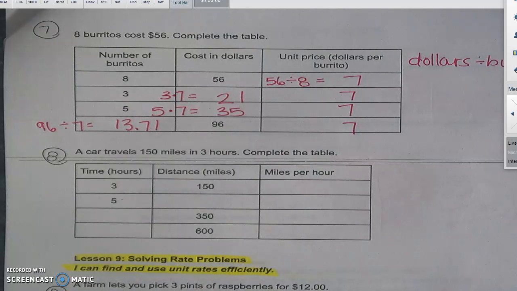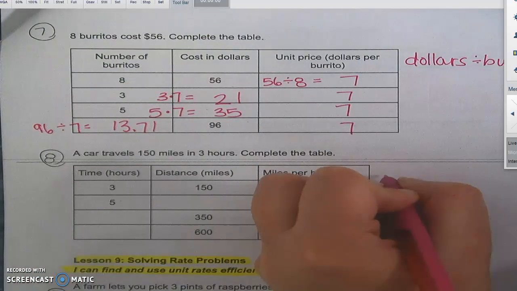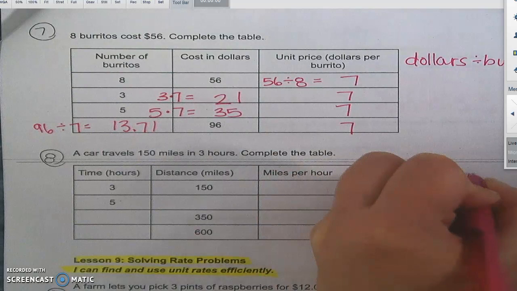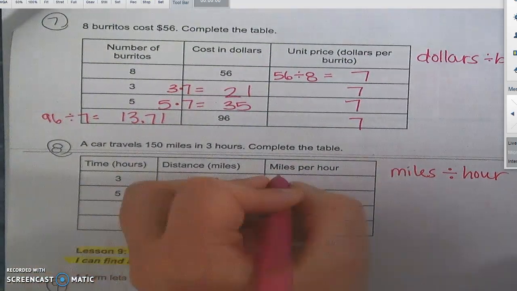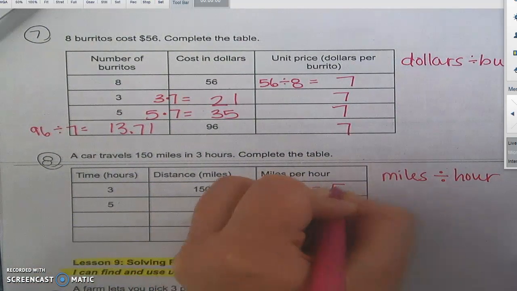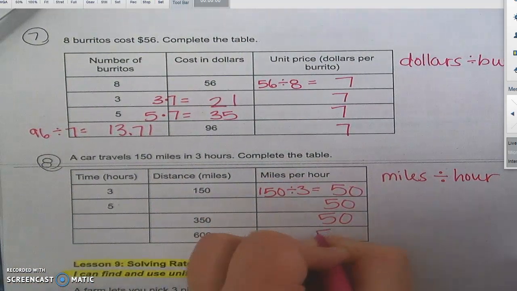So then we have one more unit rate. A car travels 150 miles in 3 hours. Complete the table. We want to find miles per hour. So we're going to do miles split between the hours. Miles divided by hours, which is 150 divided by 3. So that's 50 miles per hour for each of these.